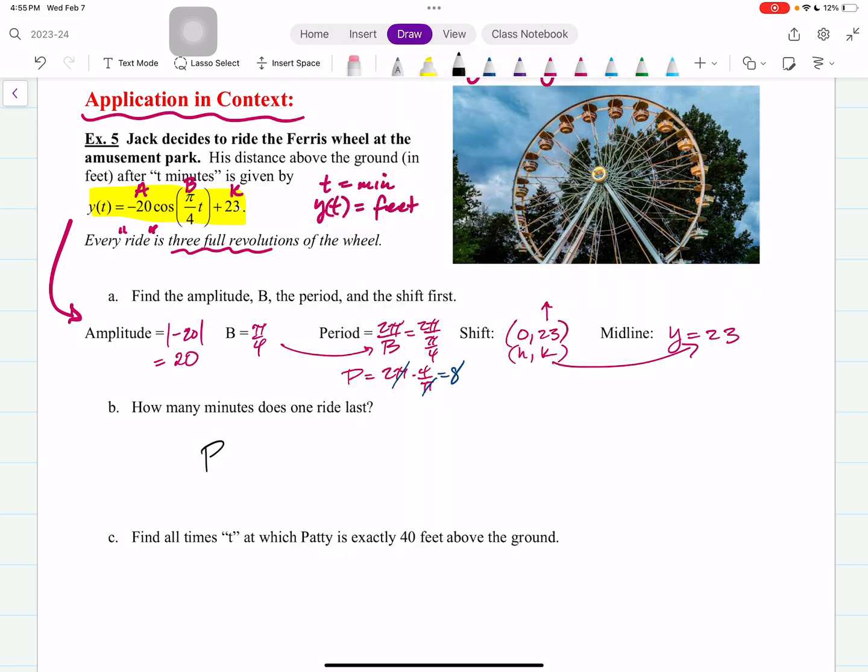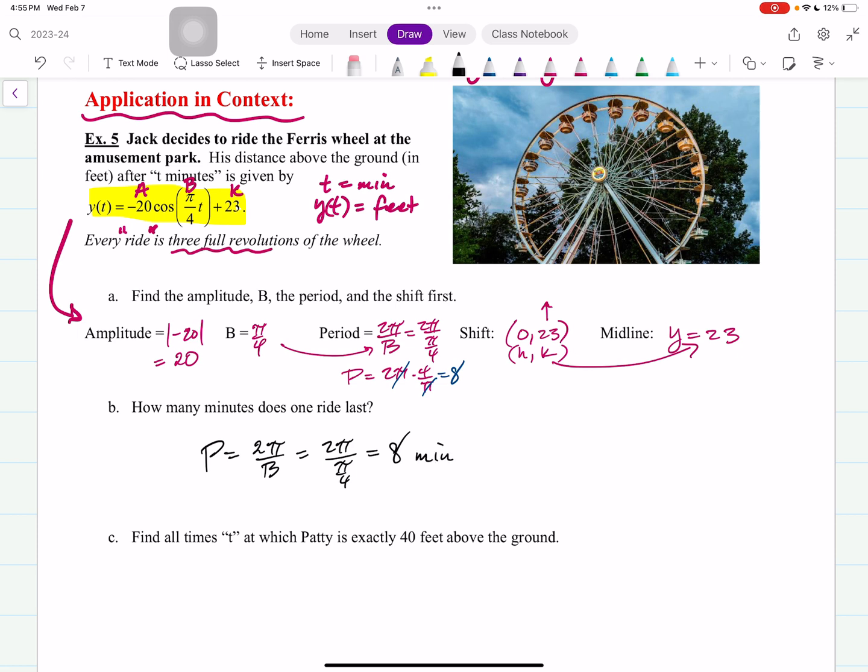We want to take a look at the period of the Ferris wheel, how fast it's turning. So I take 2 pi divided by b, which is 2 pi divided by pi over 4, and as I talked about earlier, that's 8. So what does that mean? Remember, time is in minutes and the distance is in feet. So this is 8 minutes for every revolution.